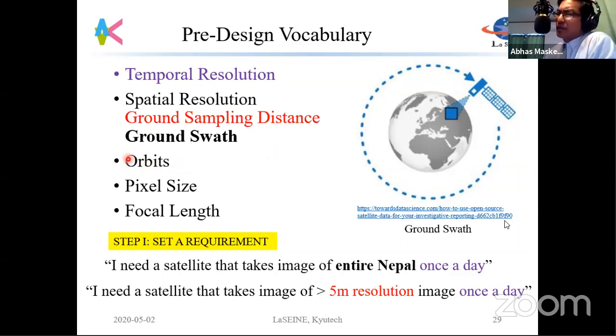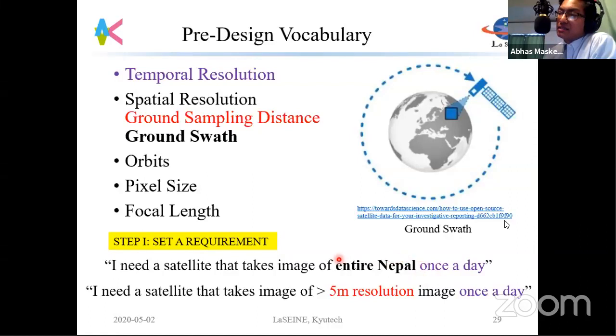We also have to think about orbits, what kind of orbits, because that actually affects the resolution. And then we have the pixel size. Pixel size also affects the resolution. And then we have the focal length. So let's suppose that we set a requirement, and somebody asks us to build a satellite that takes an image of entire Nepal once a day.